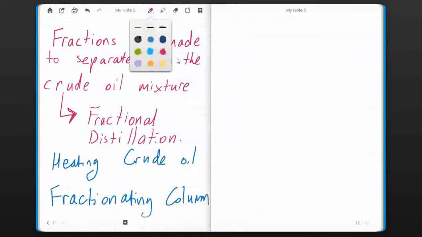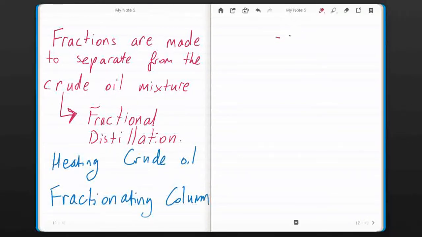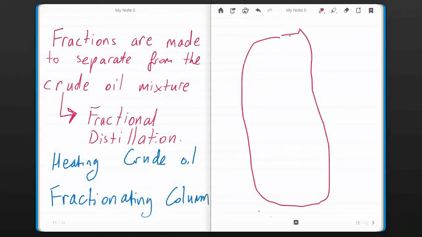Fractions are just made up of one hydrocarbon length of chain, really. So if you imagine this is the column, there'll be heat down the bottom, and there'll be pipes coming out at different levels. So you start off with crude here at the bottom, and you vaporize it. Vaporizing just means you make it into a gas.